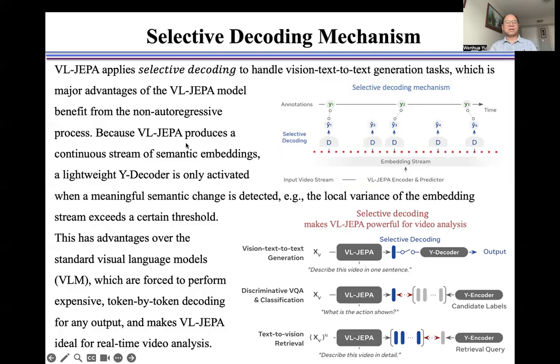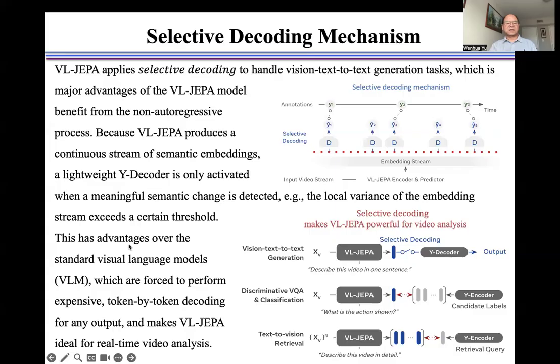Because VL-JEPA produces a continuous stream of semantic embeddings, as shown here, a lightweight Y decoder is only activated when a meaningful semantic change is detected, namely, when the local variance of the embedding stream exceeds a certain threshold. As shown here, this is the embedding stream, these are the annotations, and this is the selective decoding.